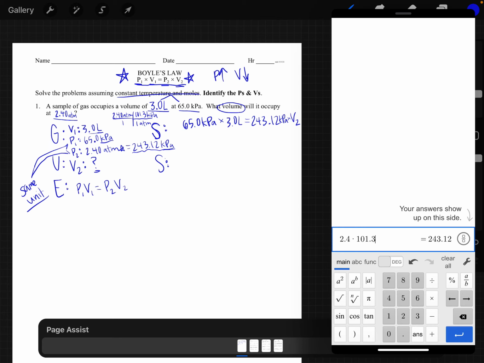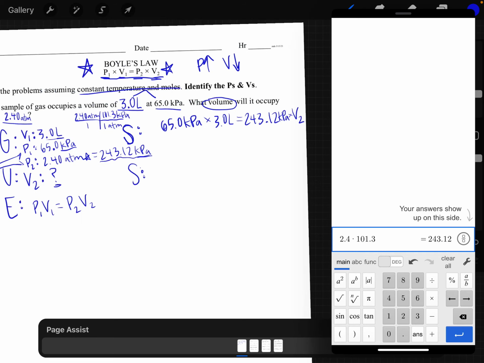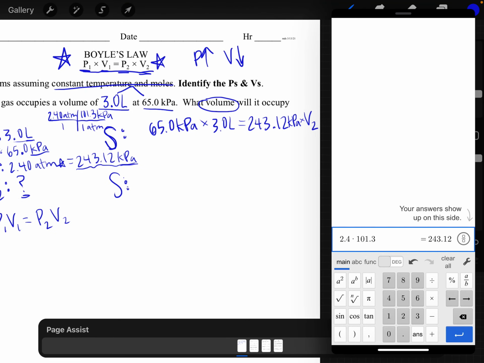In my opinion, Boyle's law is one of the easiest gas laws, and the reason why is because you don't have to do an extra step with cross multiplying. You're already at that place where you have the two numbers equal to each other, so all you have to do is divide by whoever your unknown is touching, so that your unknown is left sad and lonely. Boom.